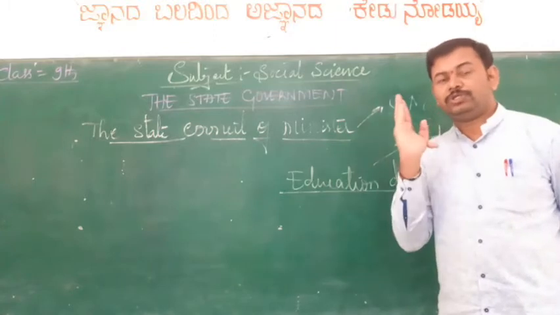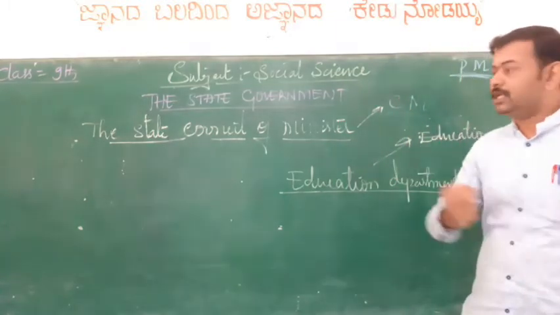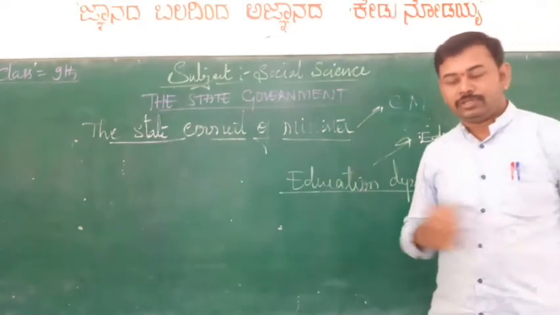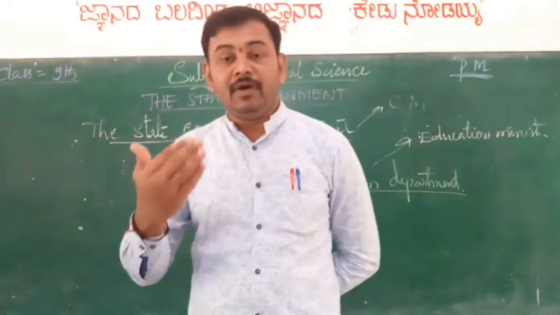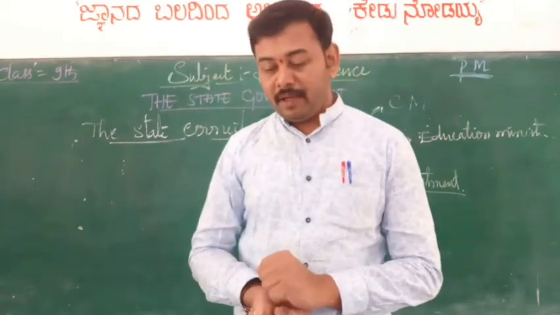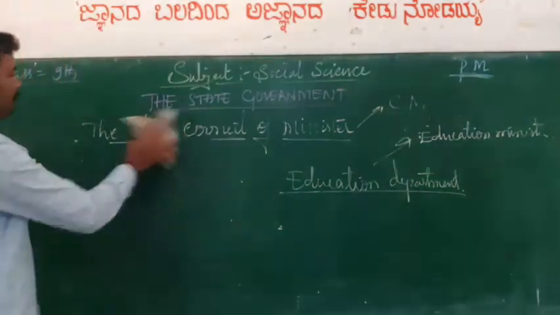Whatever very important high-level decisions there are will be taken by the Council of Ministers. Got it? So this is very important. And this Council of Ministers will always be headed by the Chief Minister of the state. Now this is about the functions of the Council of Ministers.